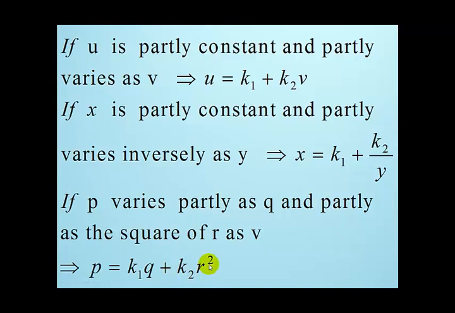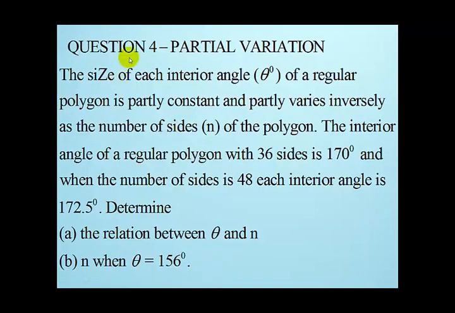Now, let's look at the question. Partial variation. The size of each interior angle, theta degrees, of a regular polygon is partly constant and partly varies inversely as the number of sides n of the polygon.